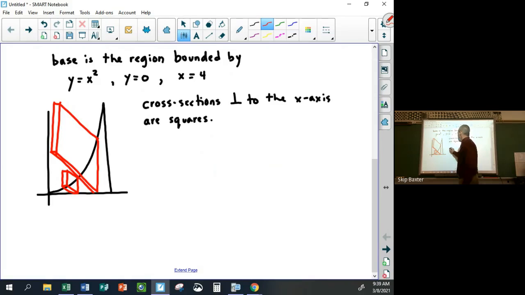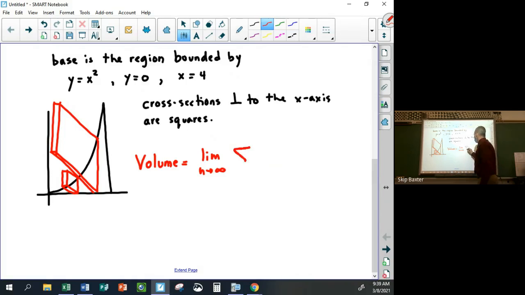Well, think about what you would have. The volume would equal the limit as n goes to infinity, again, n is the number of little thin boxes that we're making, of the summation, k equals 1 to n.